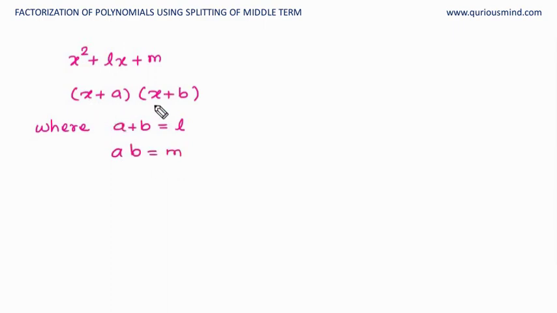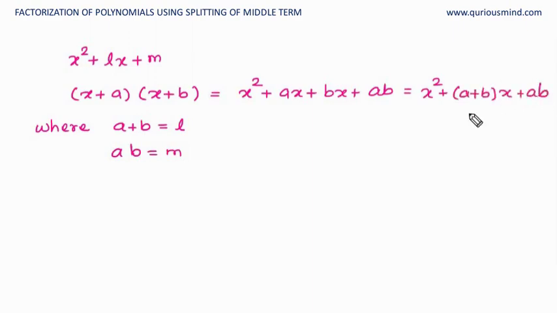Because when we do (x plus a) into (x plus b), what we get is x square plus ax plus bx plus ab, and we simplify that, and we compare it with here.